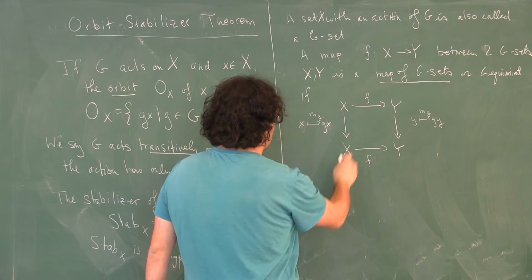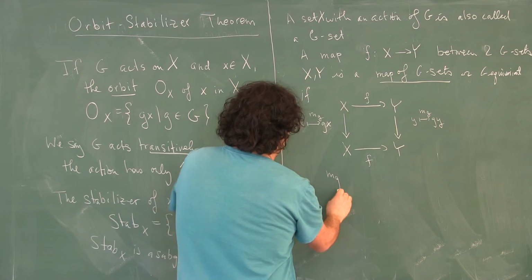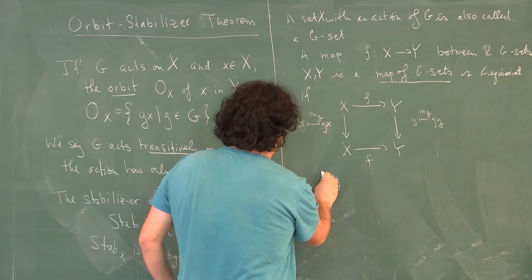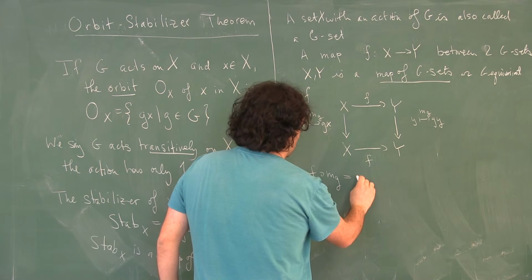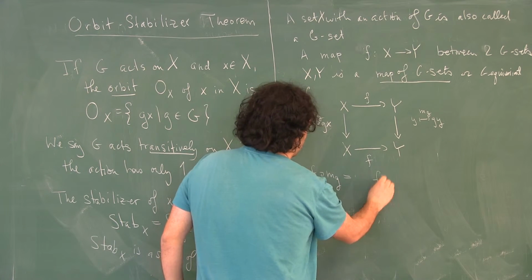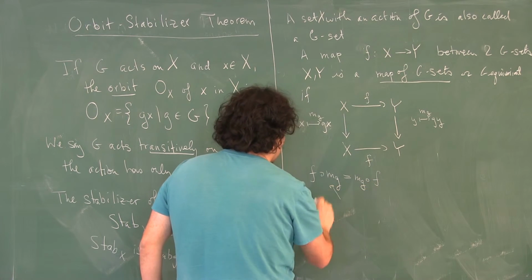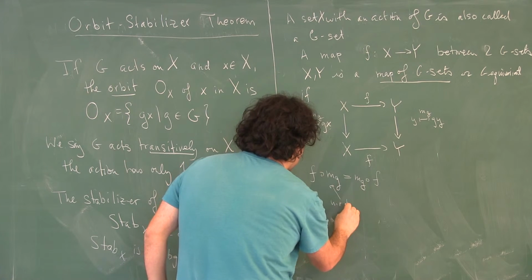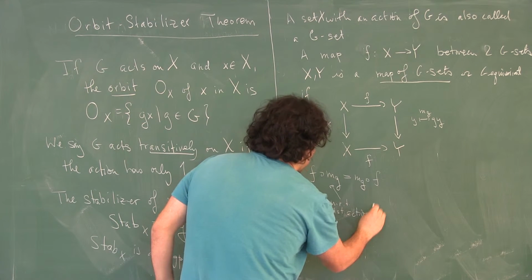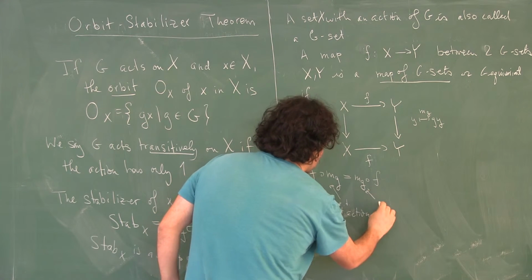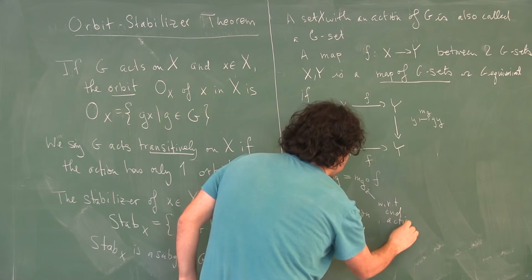Then what we are saying here is that we can do multiplication by g here on X, compose that with F, and that should be the same as doing F and then multiplication by g, where here this is with respect to the first action, and this is with respect to the second action.